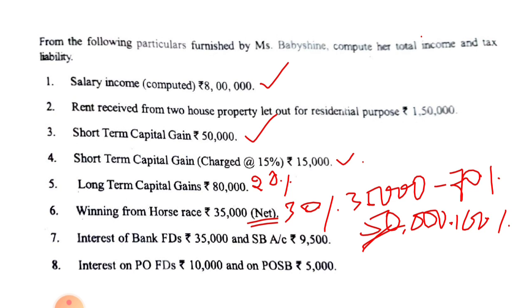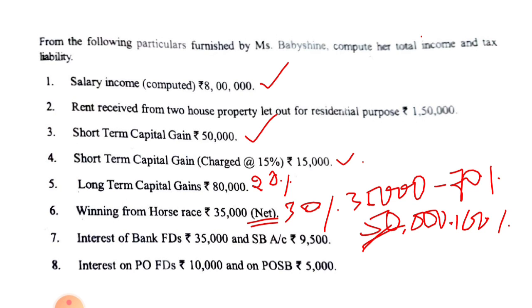Swagat was a senior citizen and he can claim under section 80TTB, not under 80TTA. That is one difference between these two problems. There he claimed deduction under section 80TTB, that is interest on bank deposits, that is on FDs.